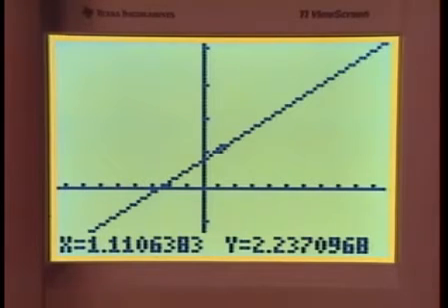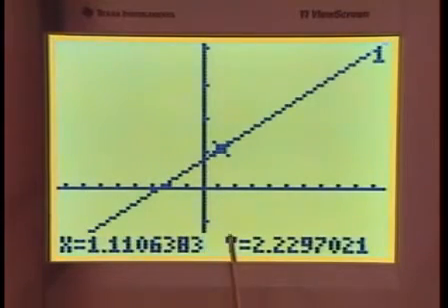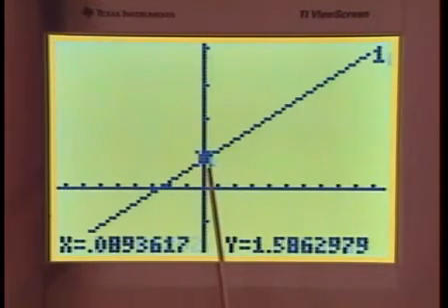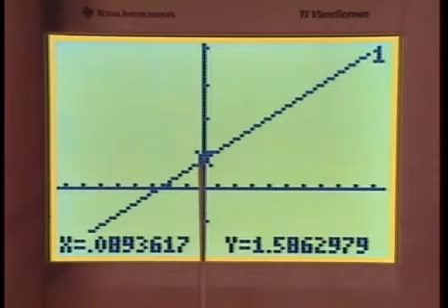First question, does the y-intercept make sense? Let's trace it and go to the y-intercept. And this says that if I have, of course these are decimals, but we're close by, if I have 0 drops, I would have an average diameter of 1.5 centimeters. Well, that's nonsense, because if I have 0 drops, I have no blot at all.